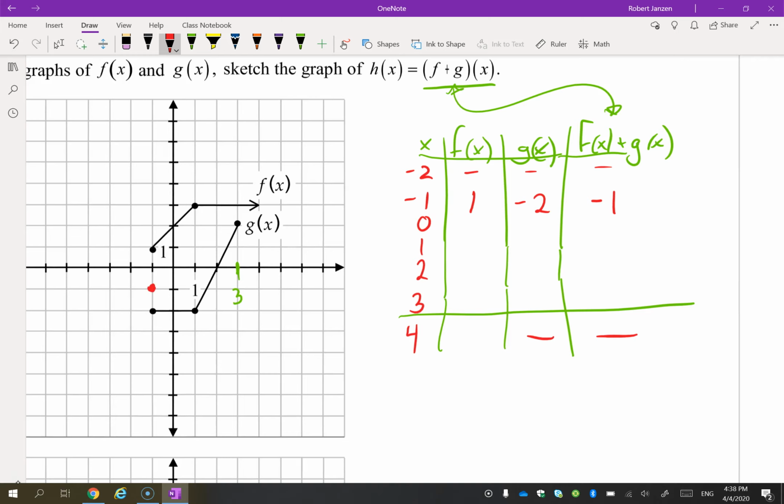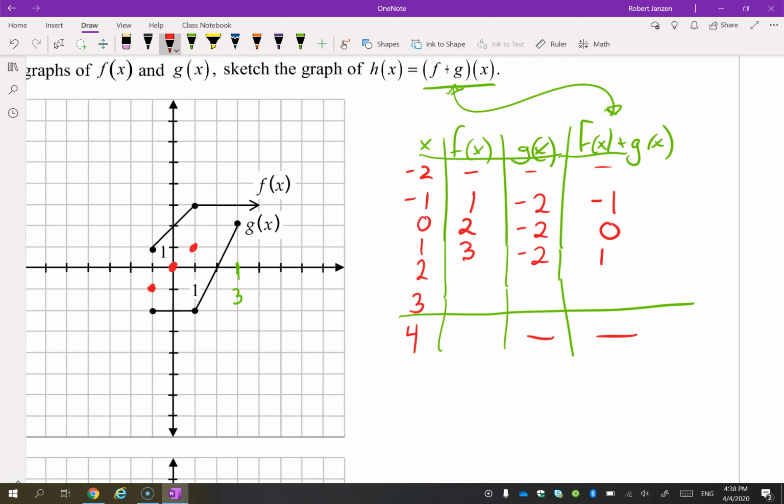Okay, then let's go to 0. Here's f of x. What is f of x at 0? It's 2. What is g of x at 0? It's -2. What's 2 plus -2? It's 0. So this graph would be there. When x is 1, f of x is 3, g of x is -2. f of x plus g of x, when x is 1, would be 1.